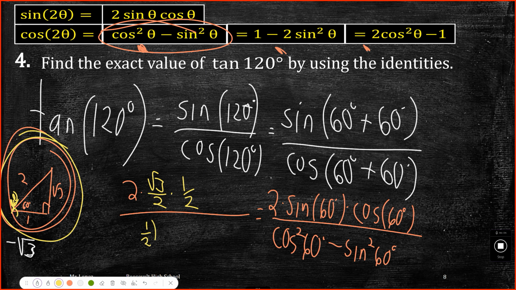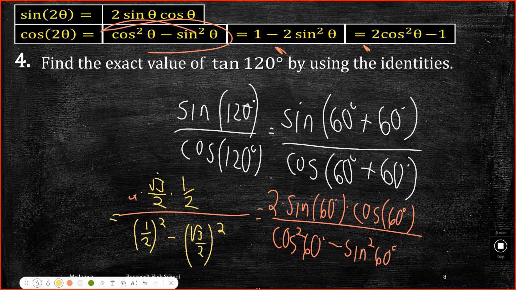And what are we going to do with the 1/2? We're going to square it minus sine 60 squared. What's sine 60? Root 3 over 2. Square it. I'm working backwards here. So on top, root 3 times 1 is root 3 over 4.